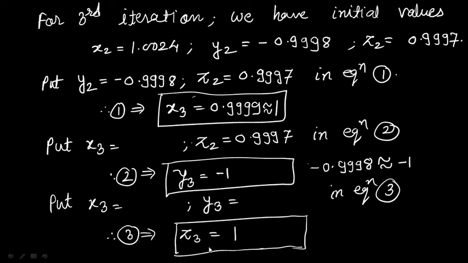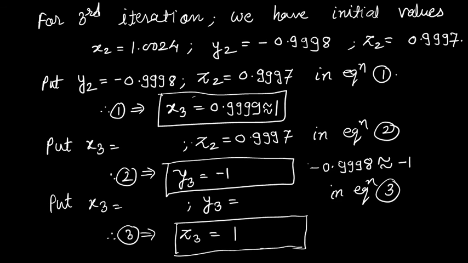Now if we substitute these values, with x3 equal to 1 and y3 equal to minus 1, then we get z3 equal to 1. In this way, these are the values of x, y, z to the desired accuracy.